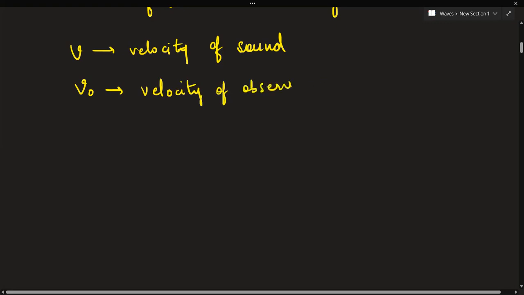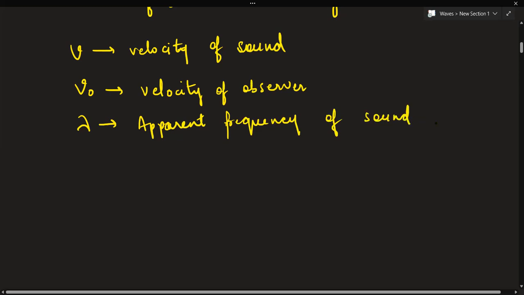If the observer is moving with some velocity, then you can substitute that value. Then nu without any subscript represents the apparent frequency observed. Nu naught was the true frequency. And Vs represents the velocity of the source.